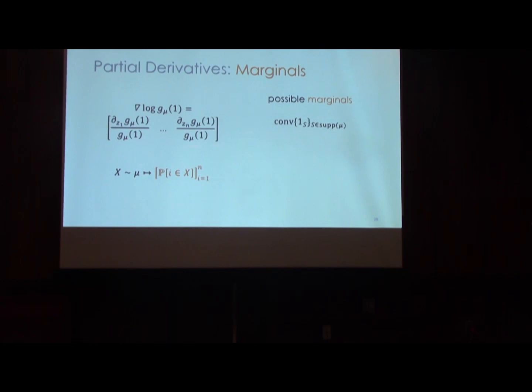So this marginal vector can only be a convex combination of the support of your distribution, because you're selecting a random subset, and this marginal is just going to be the convex combination of the indicator variables for the subsets inside the support of your distribution.